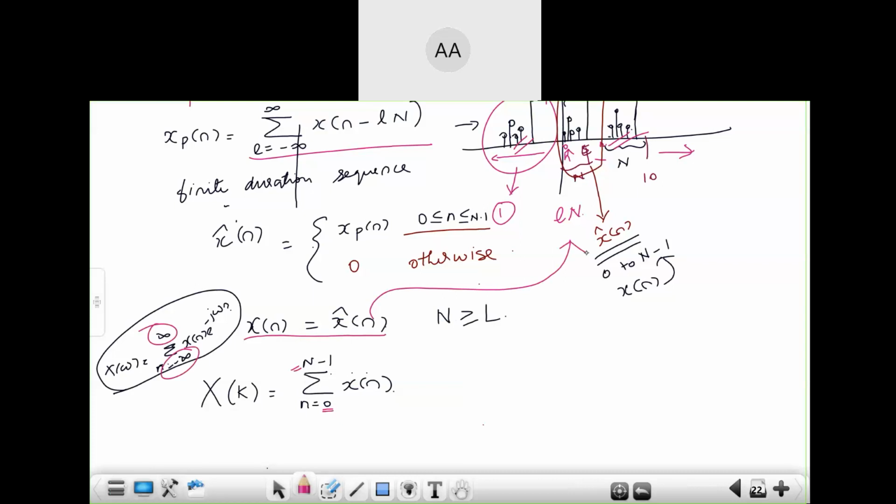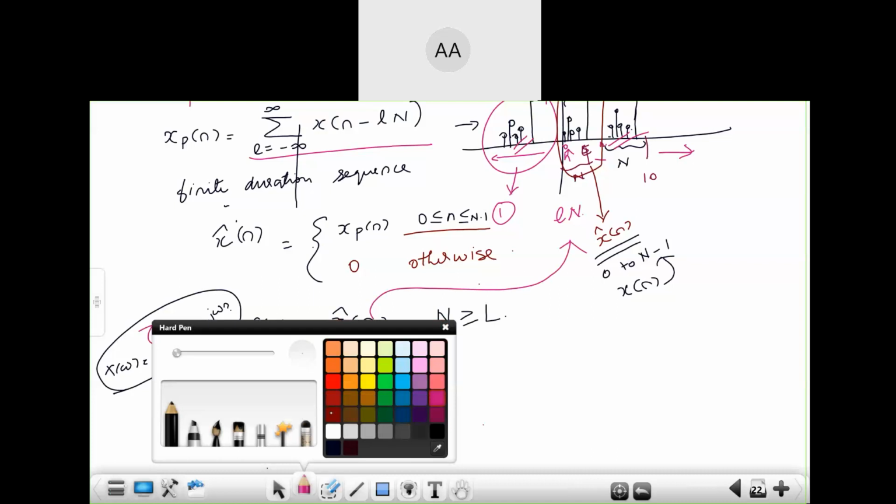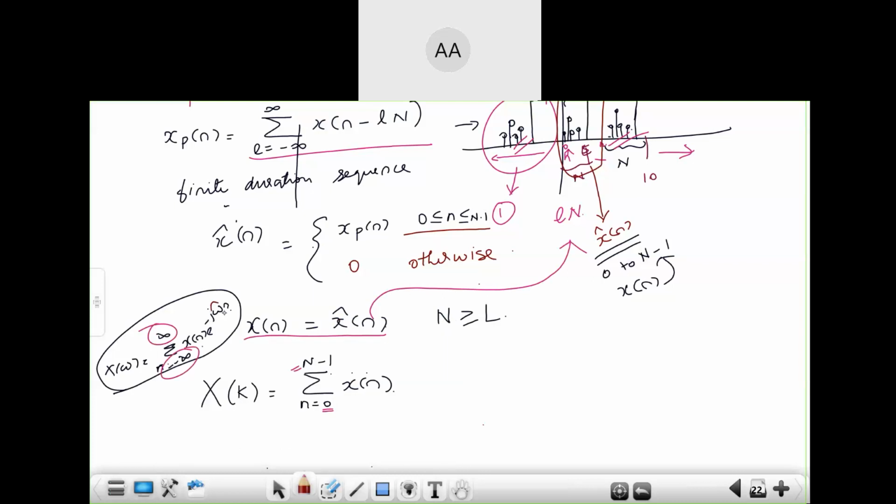That is why we can change the limit here to 0 to n minus 1, and instead of writing e power minus j omega n, we already know we have to sample it. So how will I write it? I will write it as x of n e power minus j 2 pi by n into nk, so that your k varies in this range only.